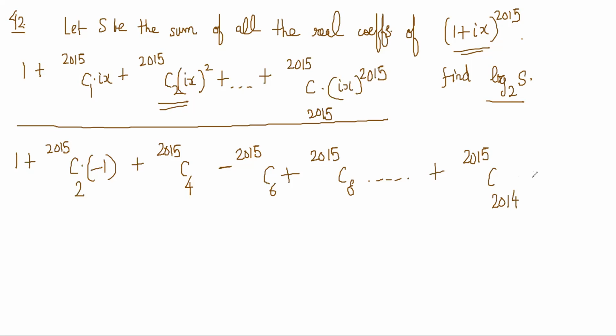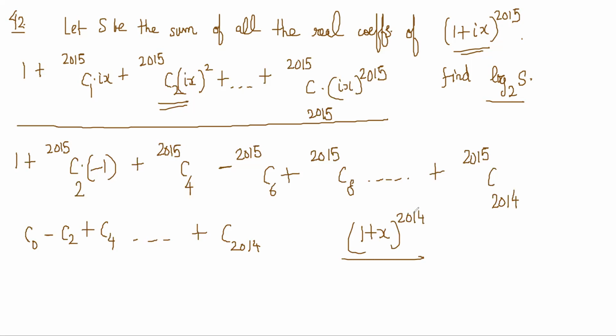This is the summation. Basically, it's a binomial theorem question. Find C0 minus C2 plus C4 till C2014 from the (1 plus x) to the power 2015 series. Put some minus 1 stuff and all, right?